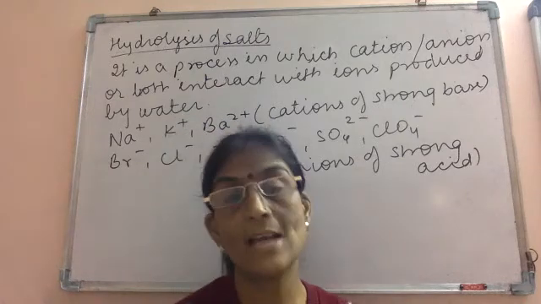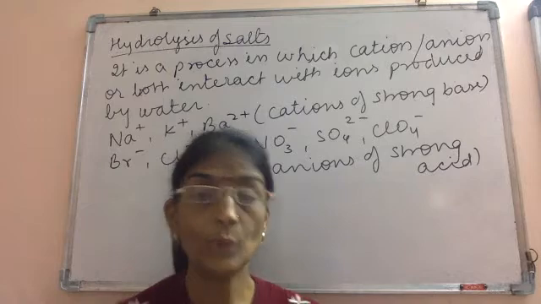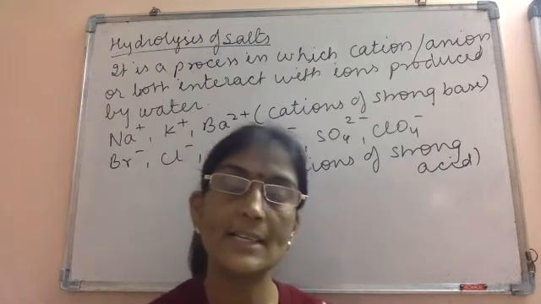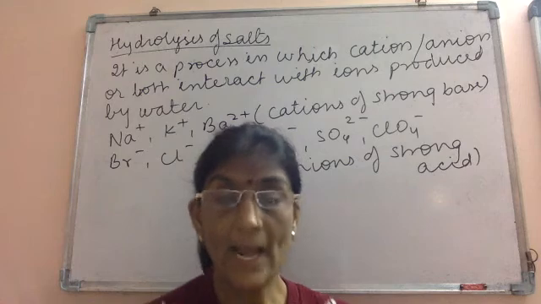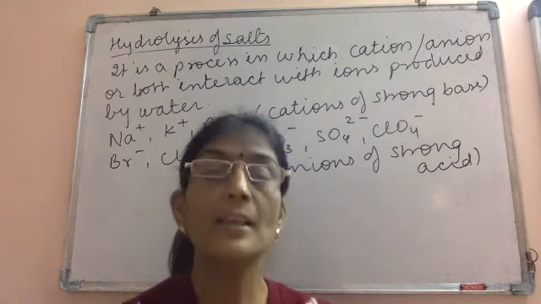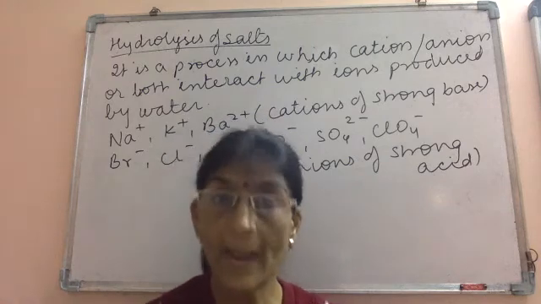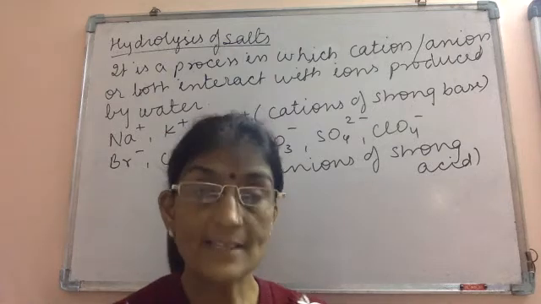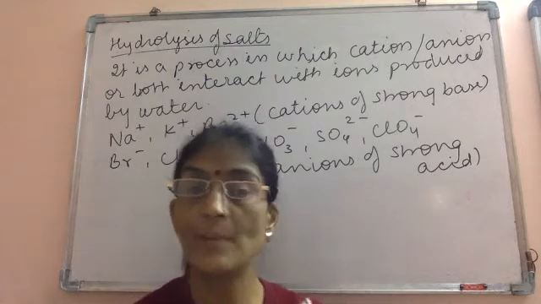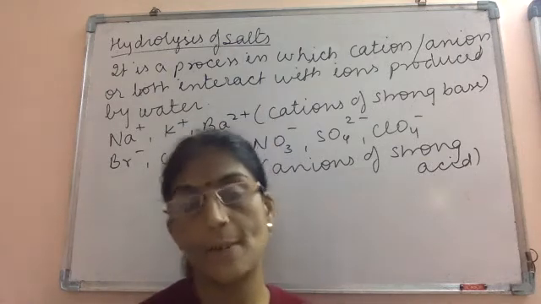They do not undergo hydrolysis. So which cations and anions will undergo hydrolysis? The cations of weak bases and anions of weak acids will undergo hydrolysis. They interact with ions produced by water, and as a result, the solution will be acidic, basic, or neutral.